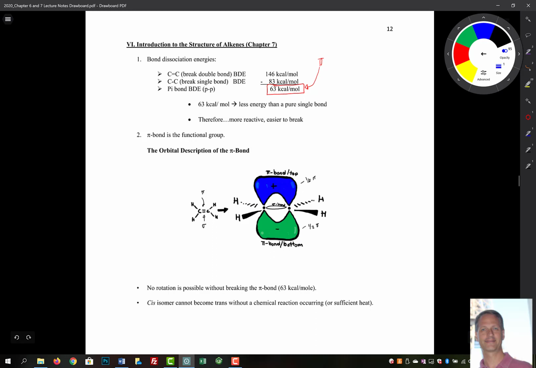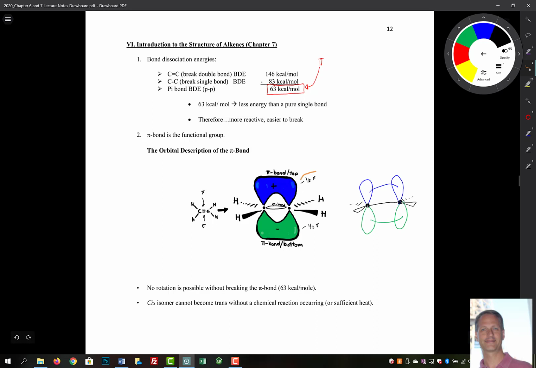Often what we do when we draw these out is we draw them by just putting in lobes like this, and then we show the overlap by just connecting them like this. So that's your pi bond. This would be your sigma bond, and this is whatever substituents you have sticking off of those carbon atoms right there in the middle. So we often draw it like this simply because it gets to be time consuming to draw it like that over and over again.